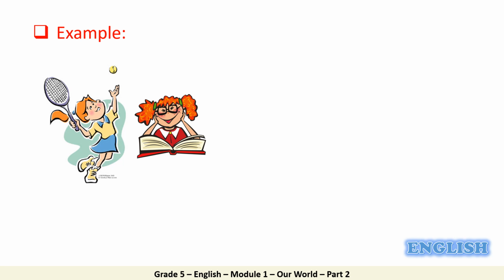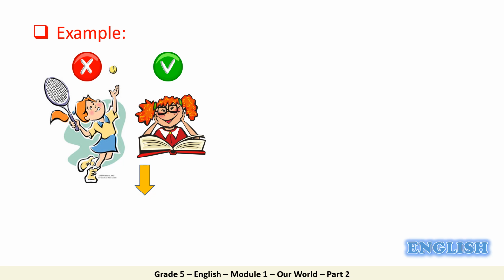For example, take a look at these two pictures. Tell me, what does this girl usually do? Remember, you will use the affirmative form and the negative form. Let's practice this one together. First, let's think. Which pronoun are we going to use? She, he, it? Yes, of course. We will start the sentence with she because the picture is a girl.